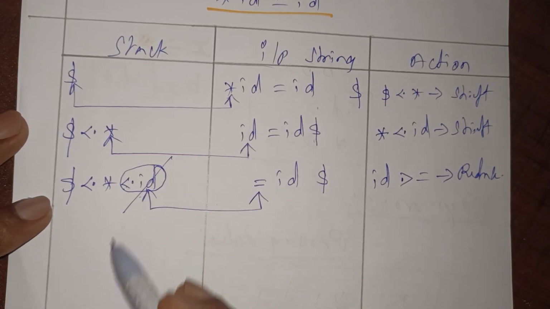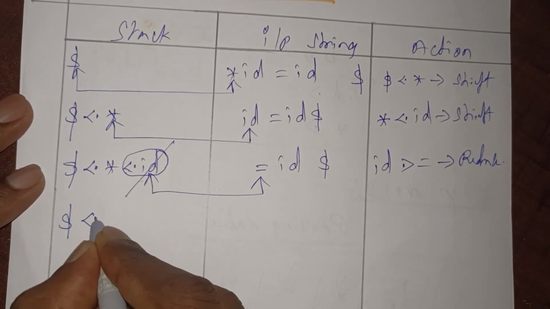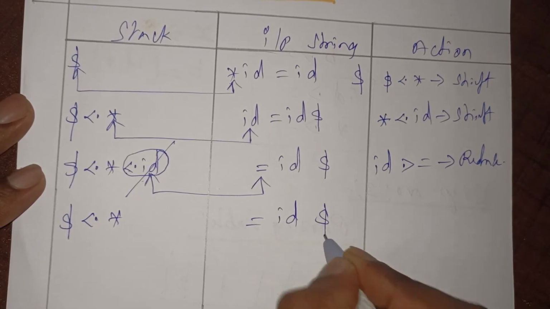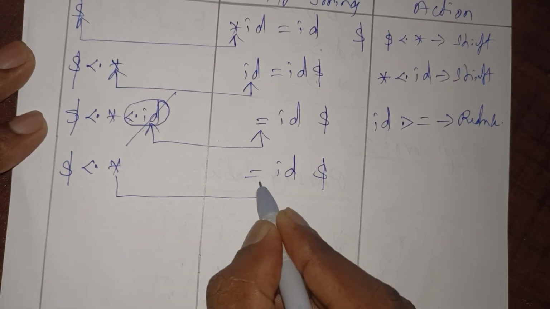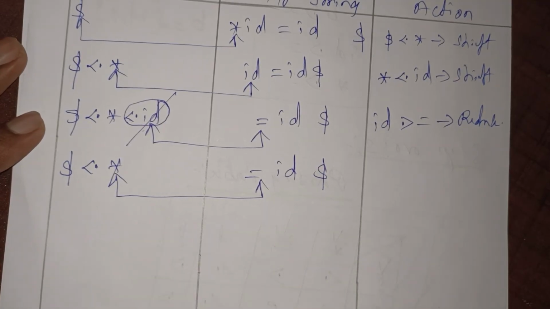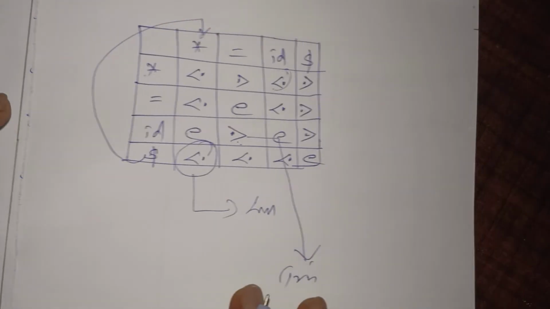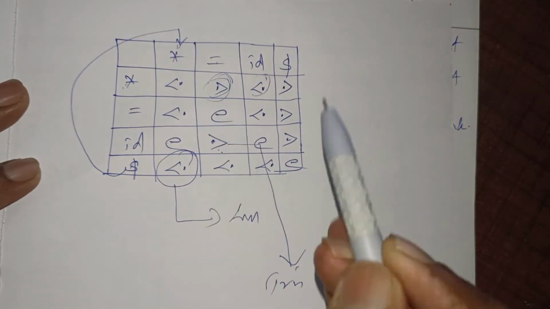So we are reducing it. What exactly did we get after reduction? We have asterisk, and here it is equal to id and dollar. Now we need to compare asterisk and equal to. I'll show you this table again. Asterisk and equal to, we got again a trailing symbol.